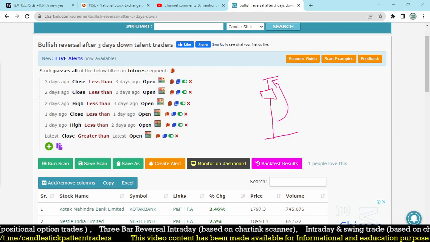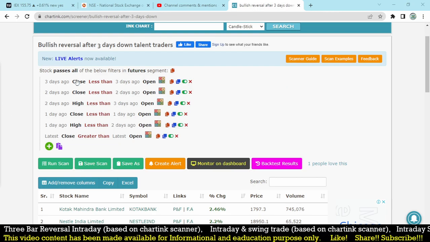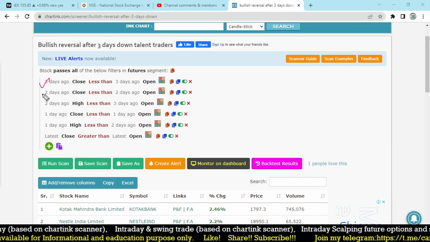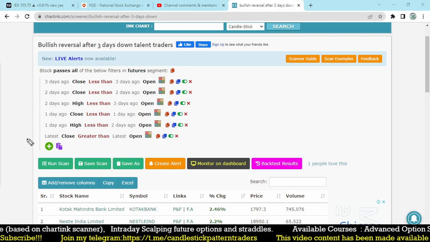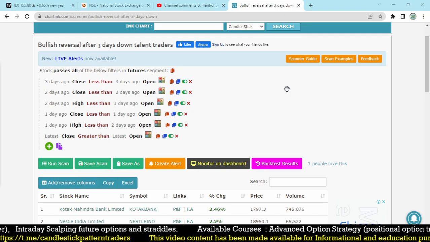The main idea is to create a hammer candle after 3 consecutive down days. These are the 3 downs, and then we create a hammer candle, so we have to compare the calculation.